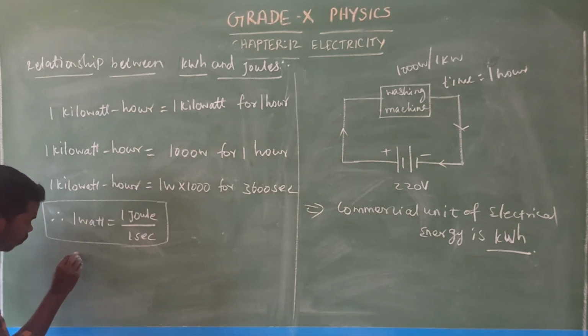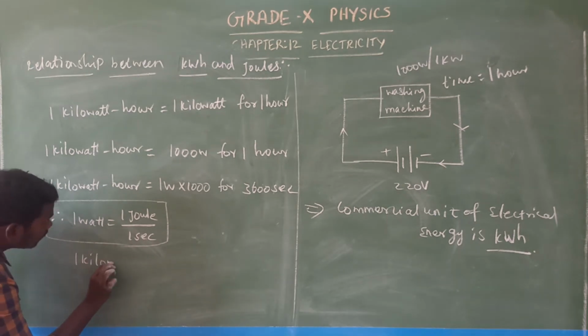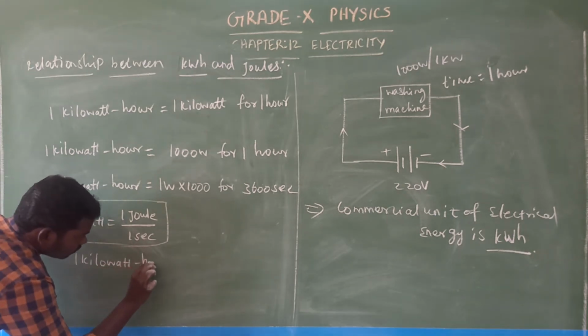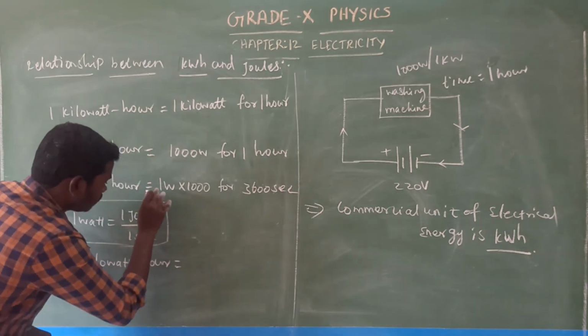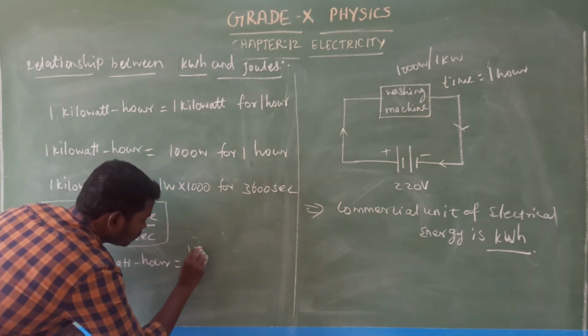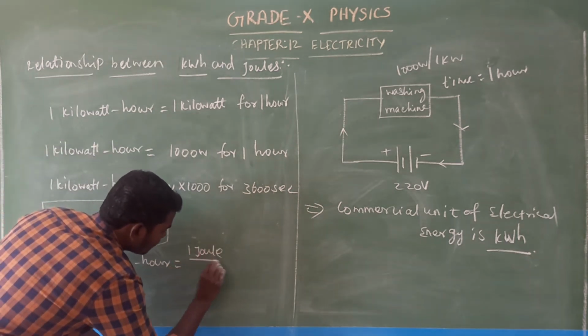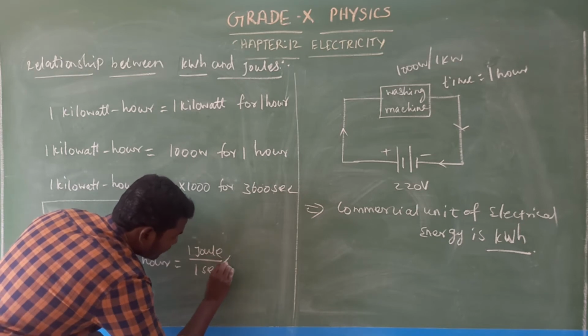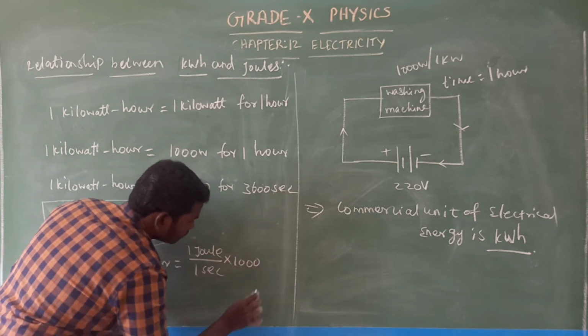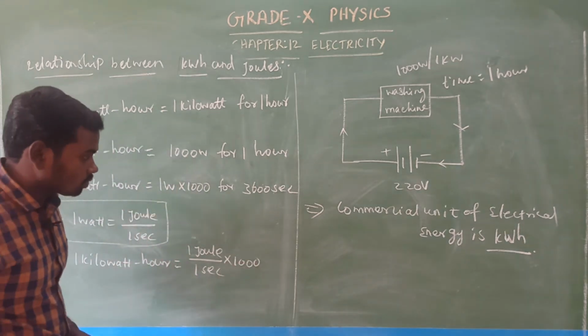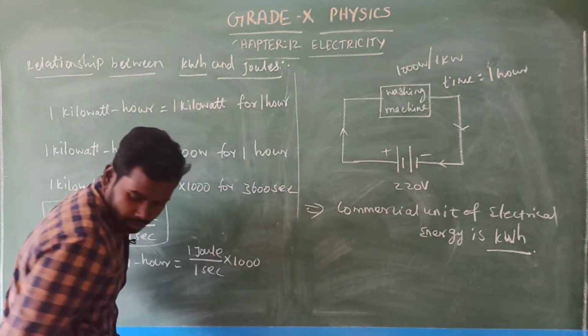Okay. So 1 kilowatt hour is equal to, you substitute this value, 1 joule divided by 1 second into 1000, sorry, not 100, 1000. Okay, remain, I'll write there. Look at here.